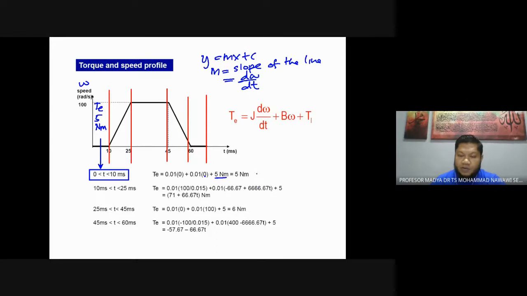So this is y equals mx. Okay, right? So you need to find this is your m, this is your c, right? So then you have this equation, 0.01, which is J. This is also your slope, isn't it?